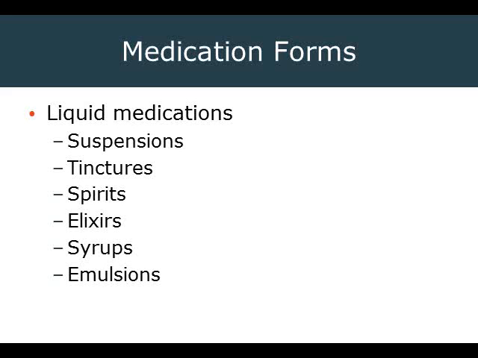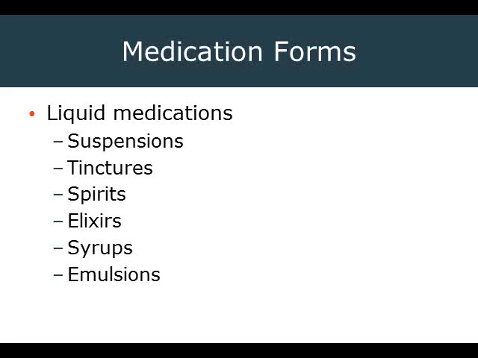After you leave it sit on the counter for a while or in the fridge for a while, it settles out. So that's a suspension. A tincture uses alcohol in the process and usually is a topical application. So it's something that's intended to be absorbed through the skin. Spirits.